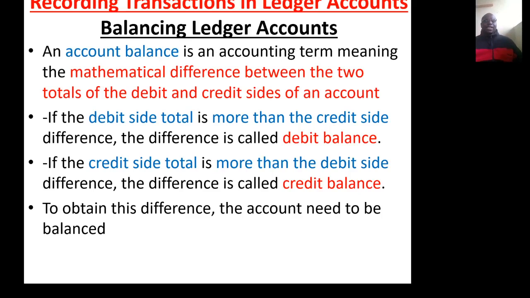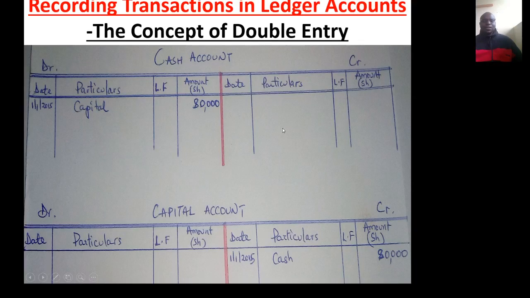Then we need to balance the ledger accounts so that we can get the difference that will be used in the next accounting period. So an account balance is an accounting term meaning the mathematical difference between the two totals of the debit and credit sides of an account.